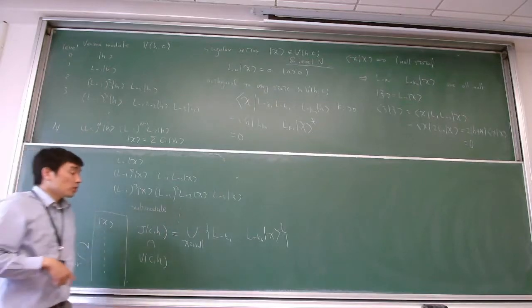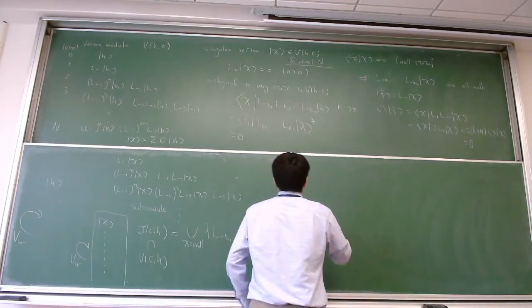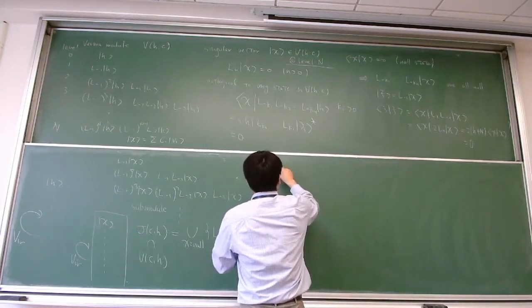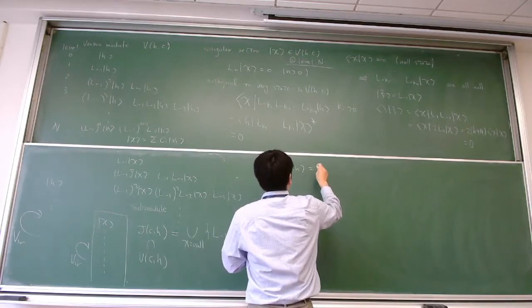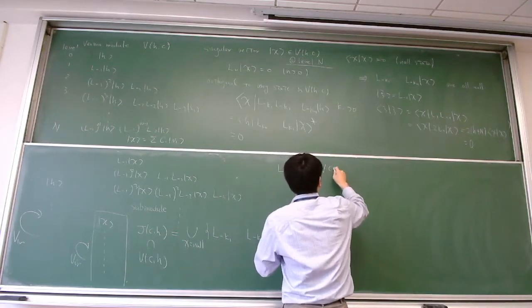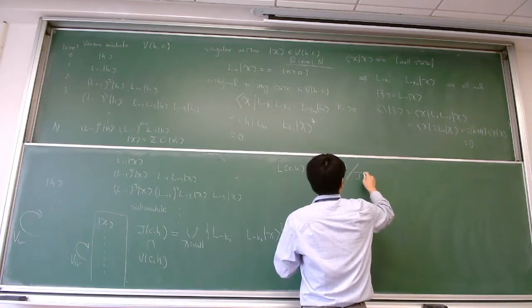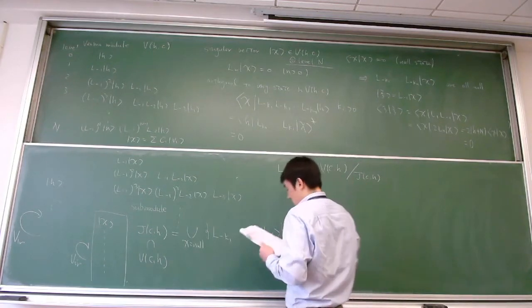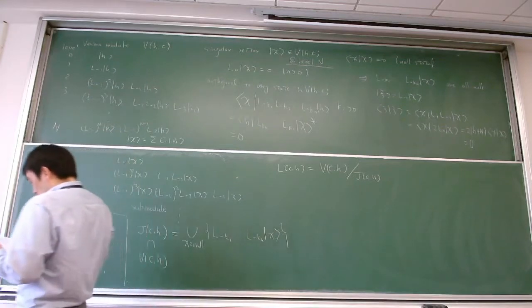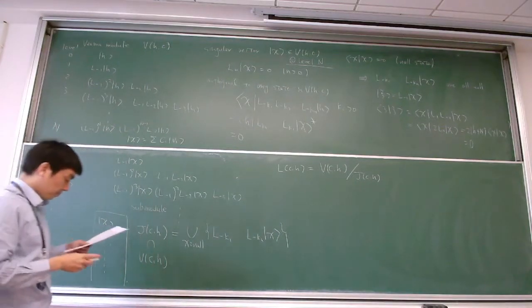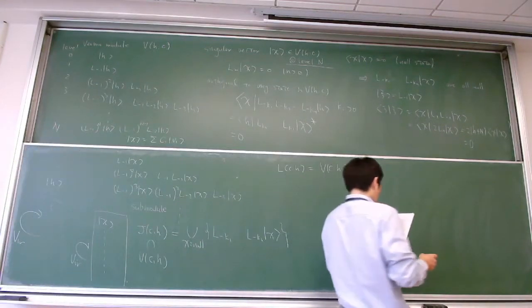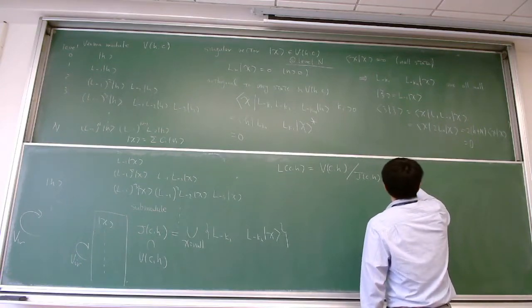We just want to throw it away, so you consider the quotient representation, the quotient module. This is called the irreducible representation.